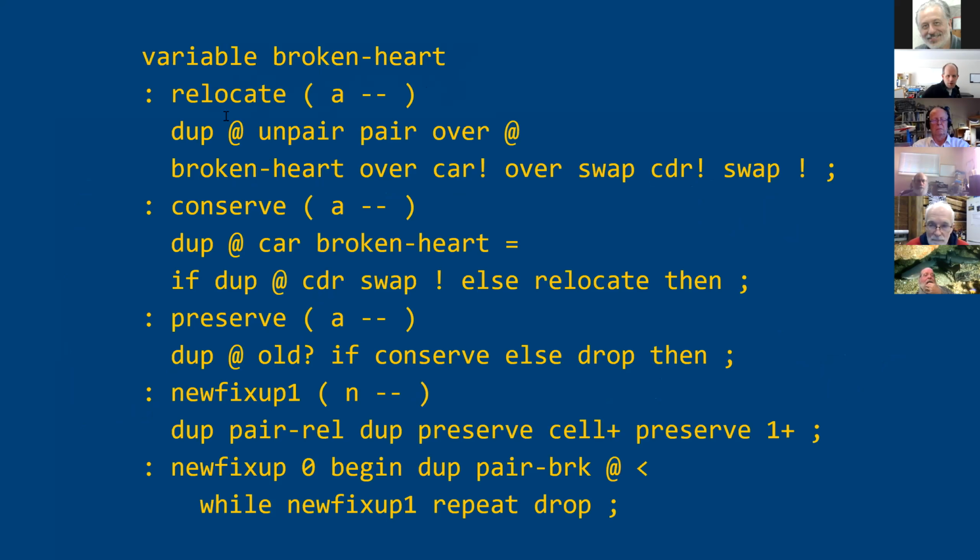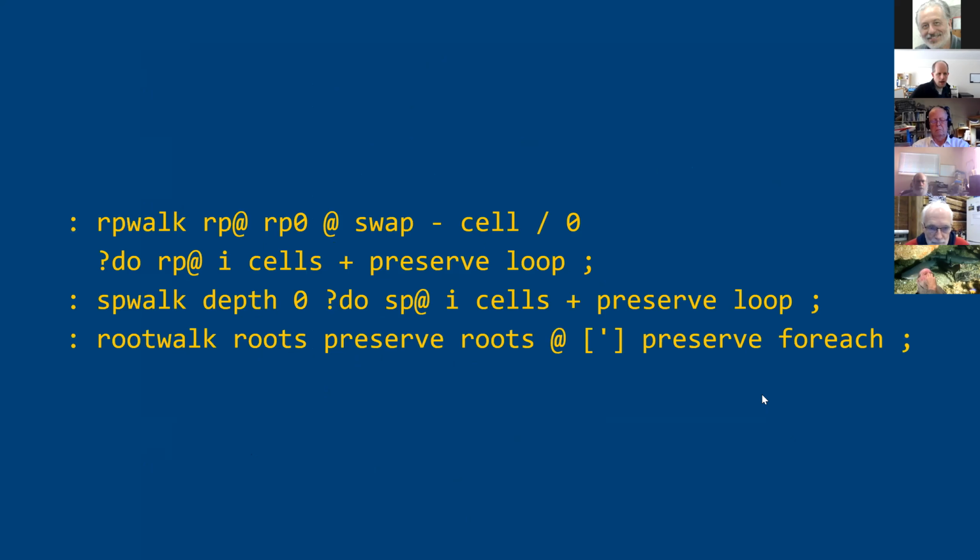And then you need to be able to relocate individual items, and then you need to basically go and check if you need to do further relocations if you happen to want to catch up that green pointer, and then you go through and do the fix-ups as you go.